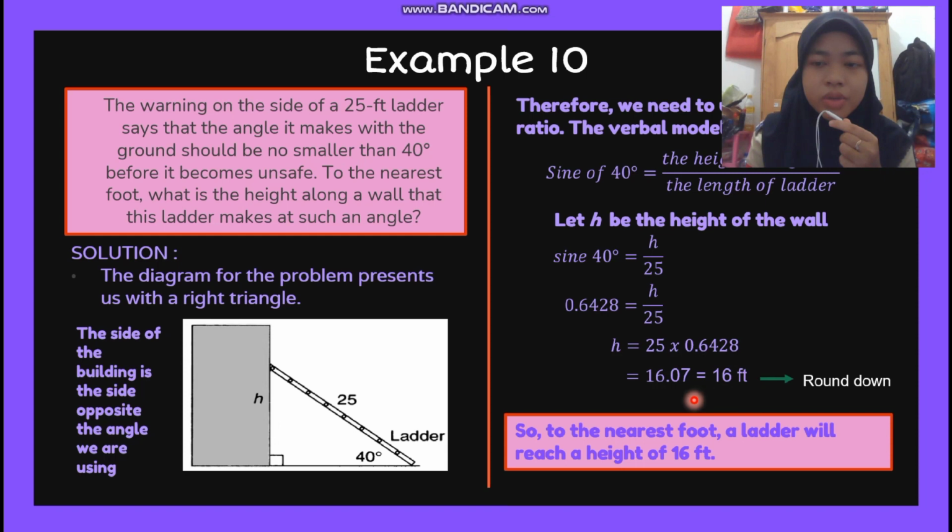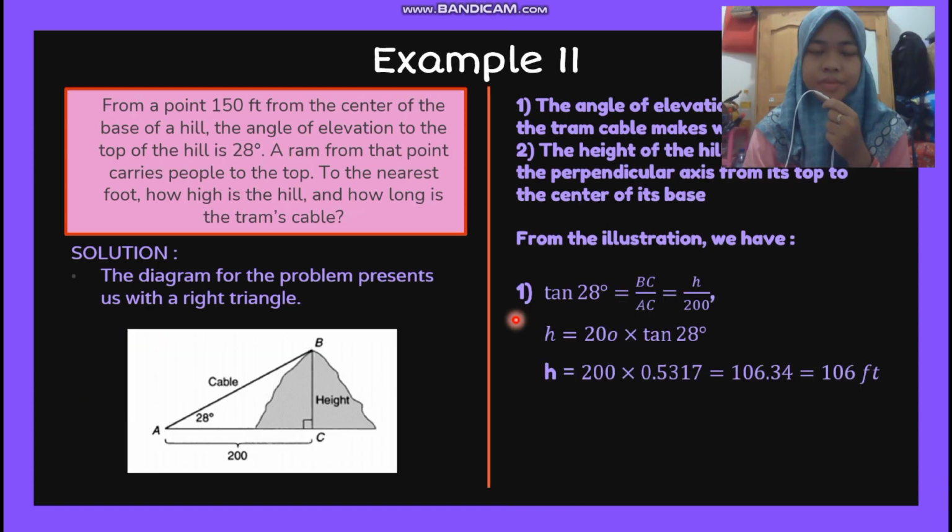Because we round down, the answer is 16 feet. So to the nearest foot, the ladder will reach a height of 16 feet.